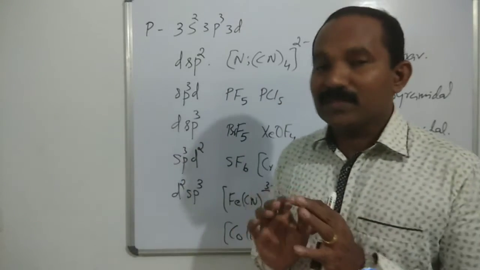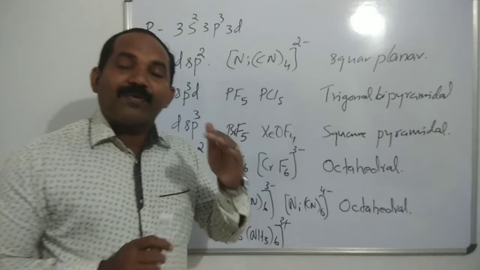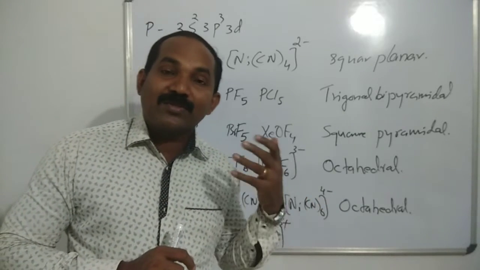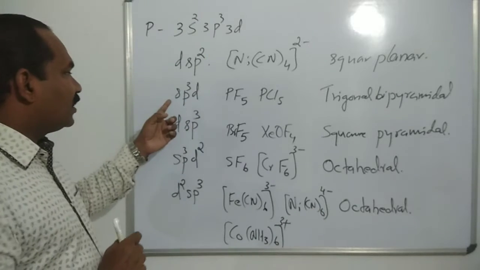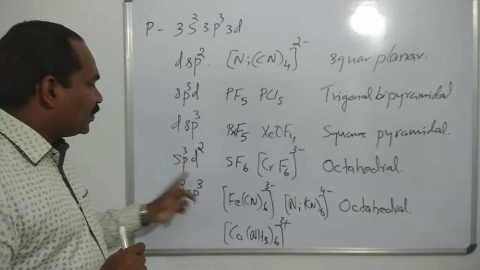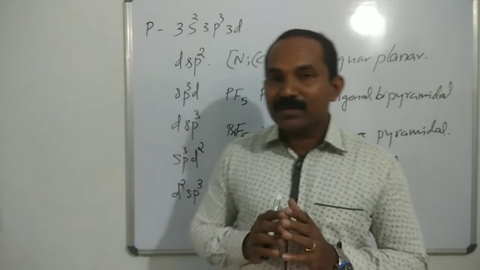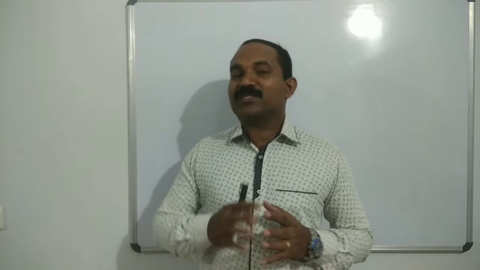If the outer shell or valence shell orbital is taken, we write sp3d, sp3d2 like that. Are you clear? Yes. Let's discuss some examples of hybridization involving d orbitals.